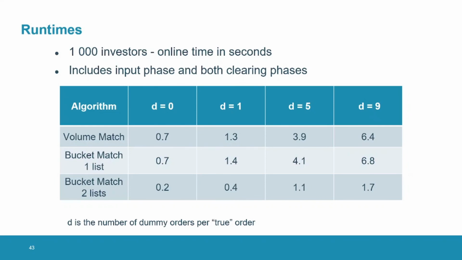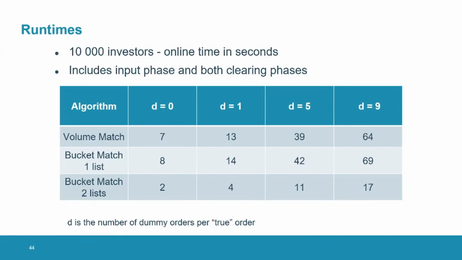So in the bucket match with one list, we will typically have a high number of dummies, while in the volume match, we will have zero or almost zero dummies. So the volume match will generally be faster. And even against the bucket match with two lists, because we'll also need the dummies there, the volume match will have a comparable runtime, or it might be even better.